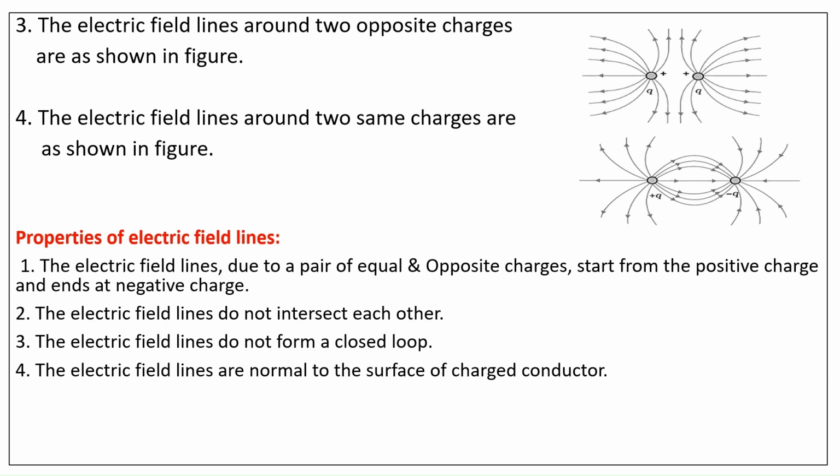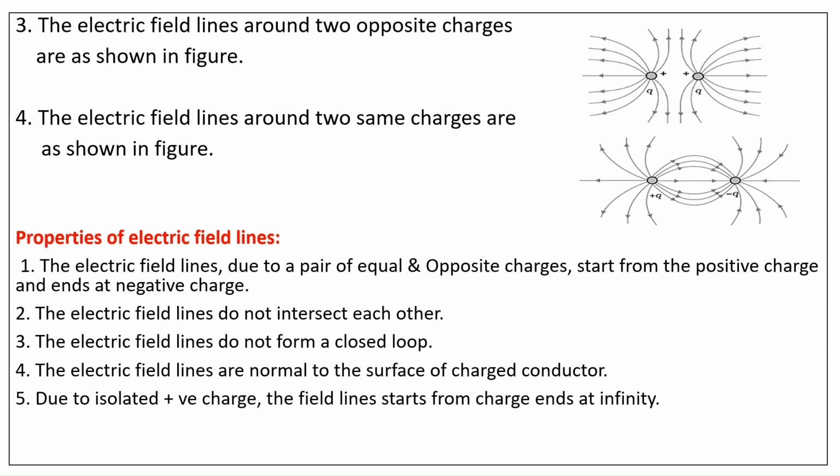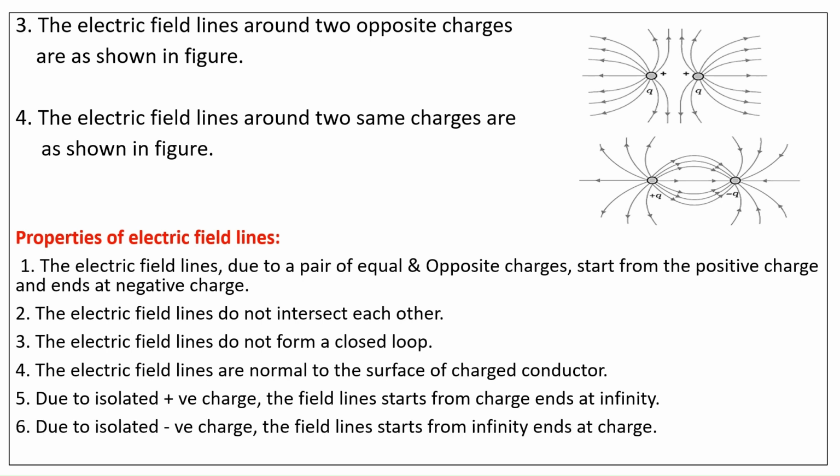The electric field lines are normal to the surface of a charged conductor. 5. Due to an isolated positive charge, the field line starts from the charge and ends at infinity. 6. Due to an isolated negative charge, the field line starts from infinity and ends at the charge.